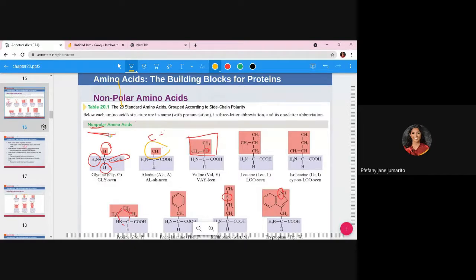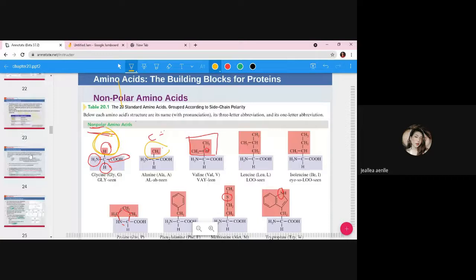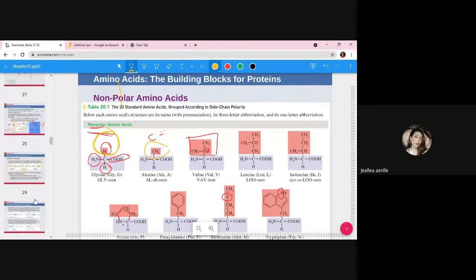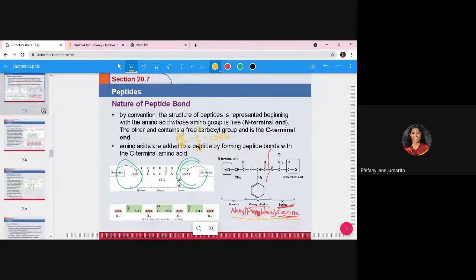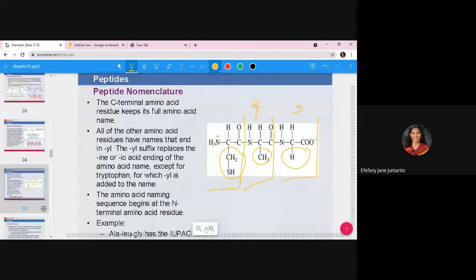Then the third one is glycine. Okay, so what will be the name?